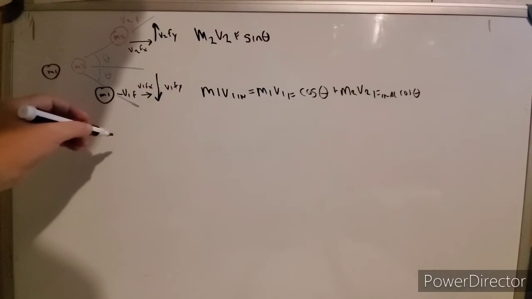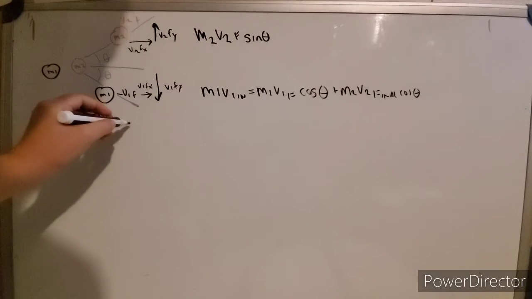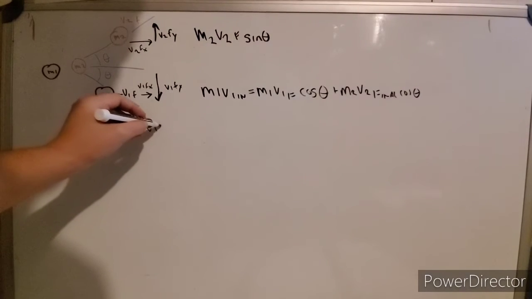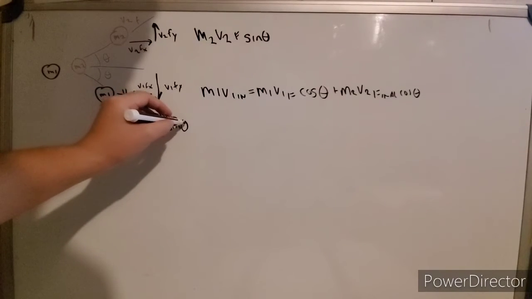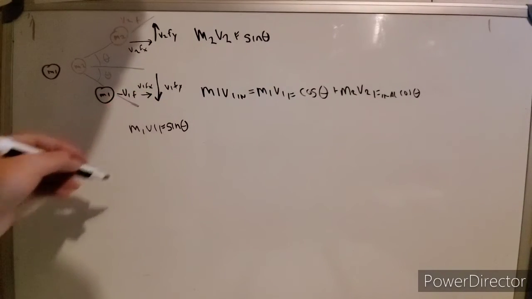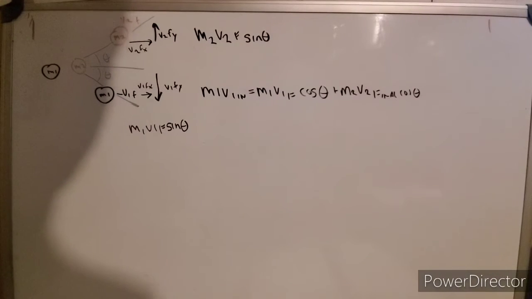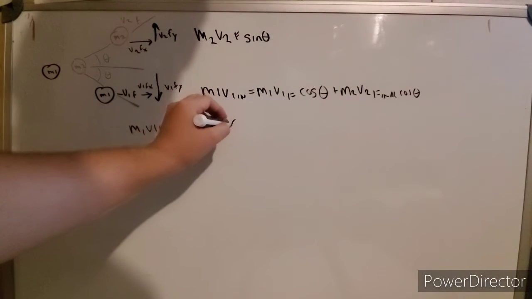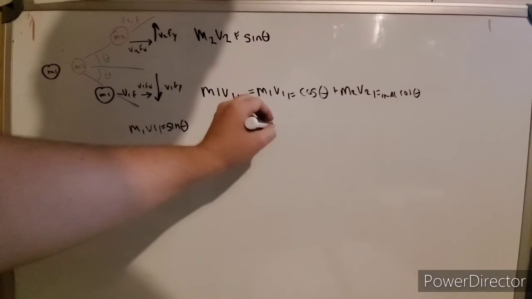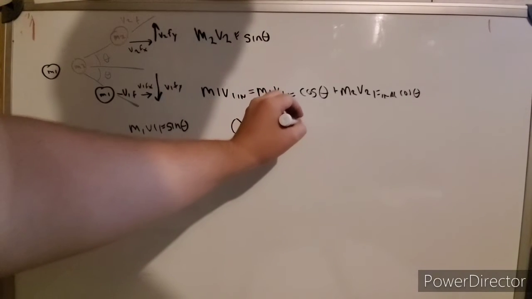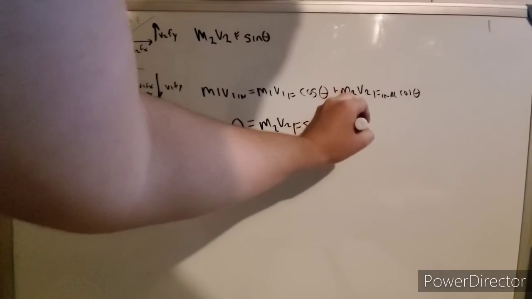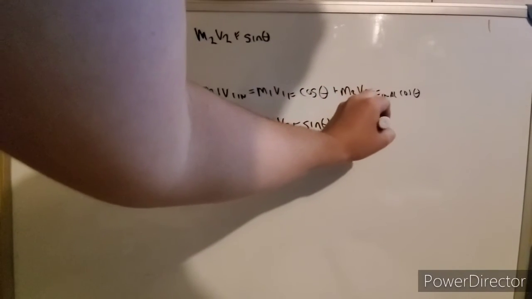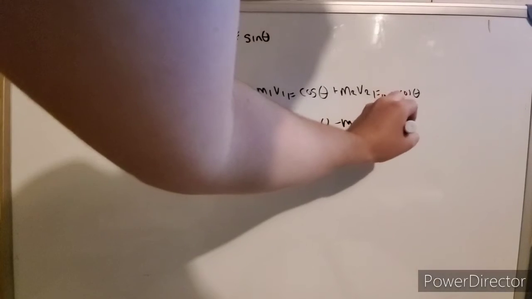And this part right here would be m1 v1 final sine theta. So writing it together, we have m2 v2 final sine theta minus m1 v1 final sine theta equals zero.